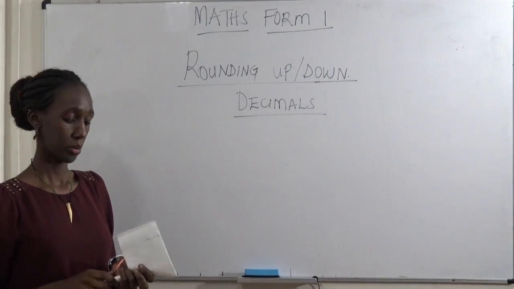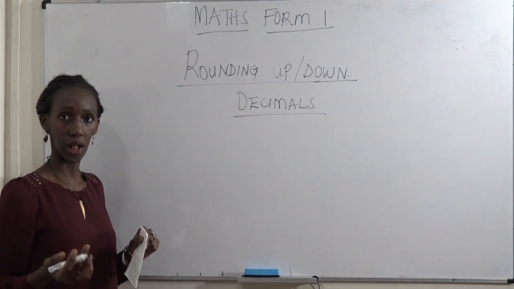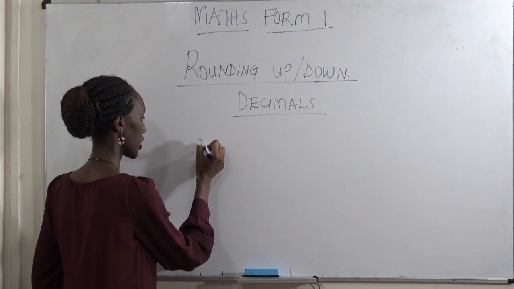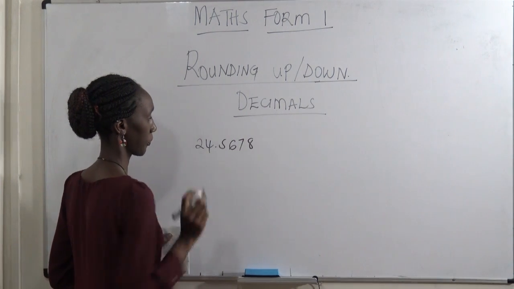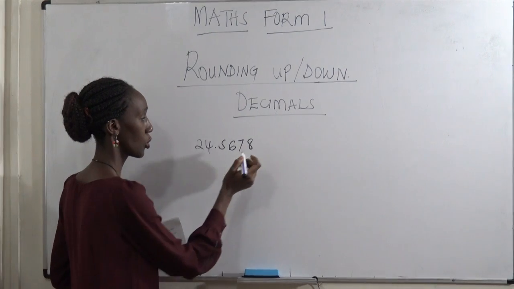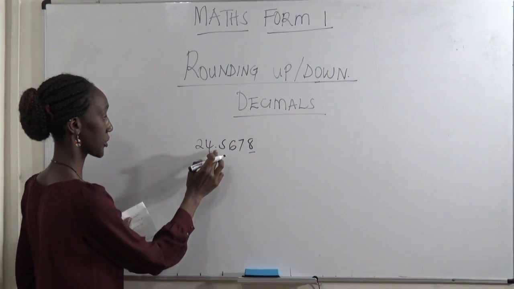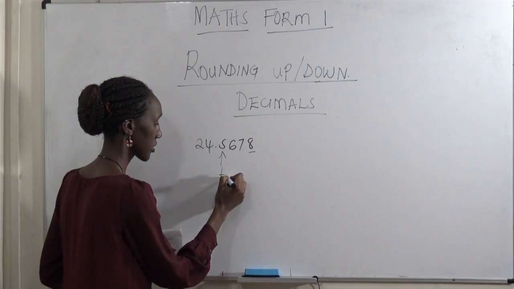So the final part, sometimes you are asked, can you identify what is the place value of a certain number in a figure? For example, you are given a decimal like 2456.78. And you are told, can you identify the place value of 8? So what is the place value of 8? Remember, this one is after the decimal. So after the decimal, you go immediately to tenths.